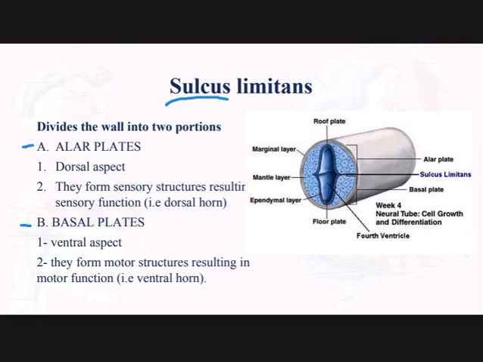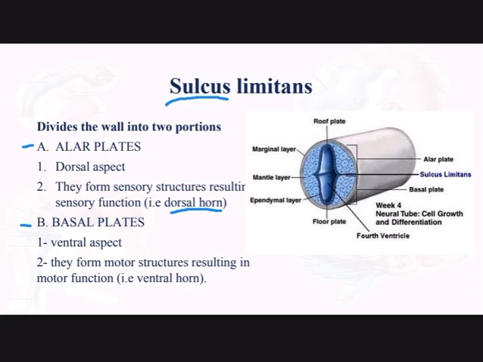The alar plate has the dorsal aspect. They actually form the structures of the sensory function. So what they form in the spinal cord is the dorsal horn.